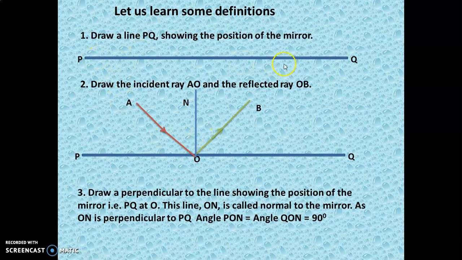So you are showing the position of the mirror by drawing the line PQ, the incident ray by drawing the ray AO, the reflected ray OB, and also the normal ON.